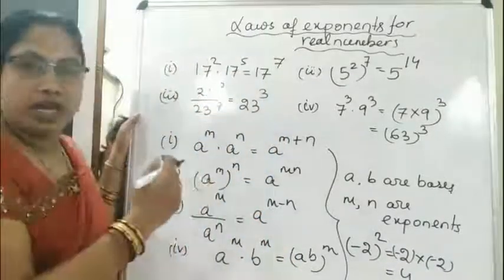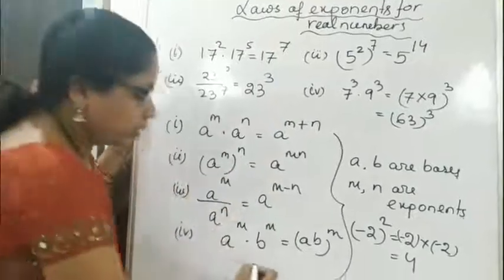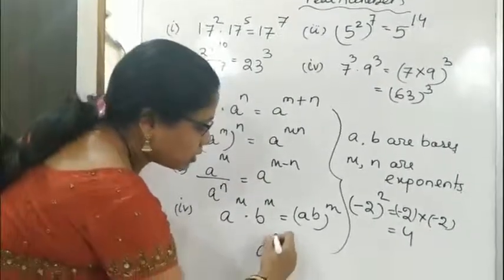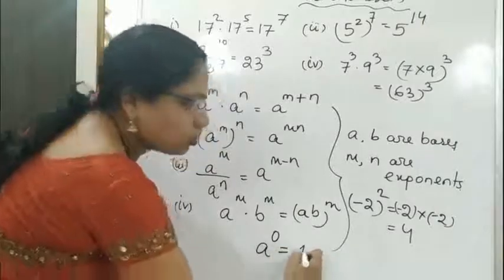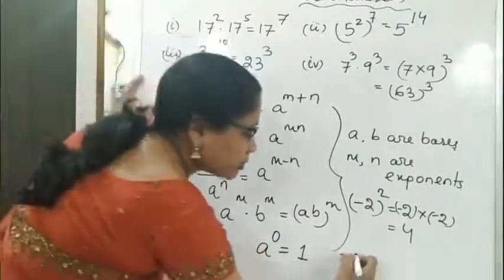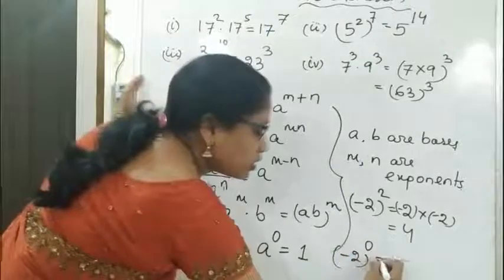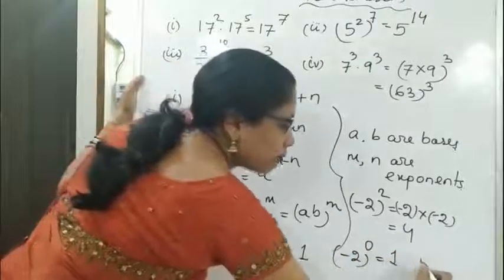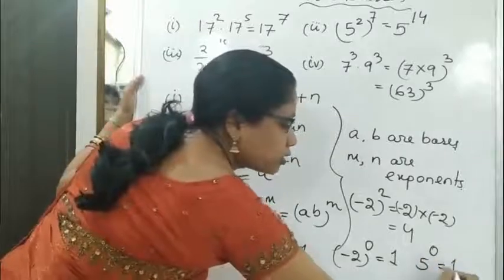If the exponent is 0, that means a to the power 0, this is equal to 1. The base can be any number, that means minus 2 to the power 0 is equal to 1, and 5 to the power 0 is equal to 1.